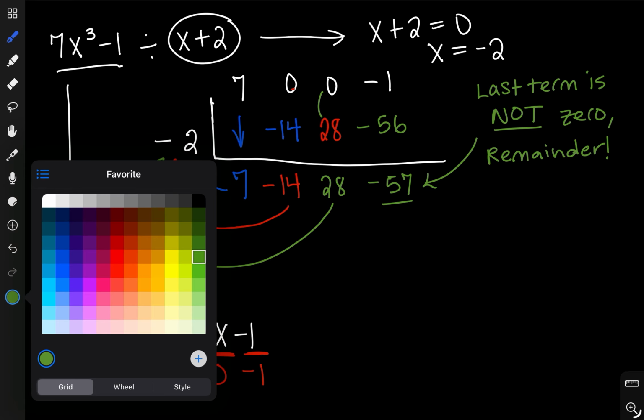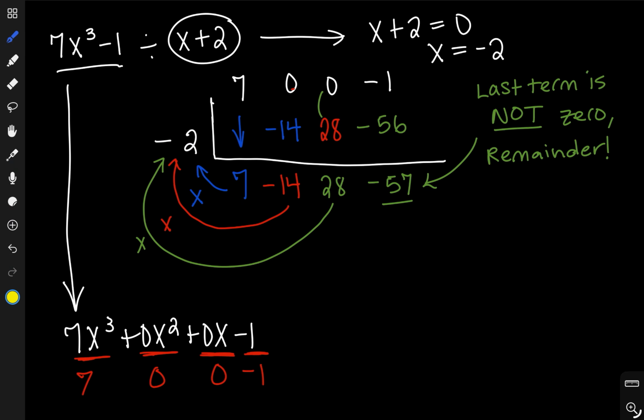Now we want to format our answer. We don't have any x's here or exponents, so what we can do is we started off with 3, right? So if we start off with 3, we're always going to be 1 less. So then we can start with the first number, which is 7, and 1 less than 3 is 2, so it's going to be 7x squared.